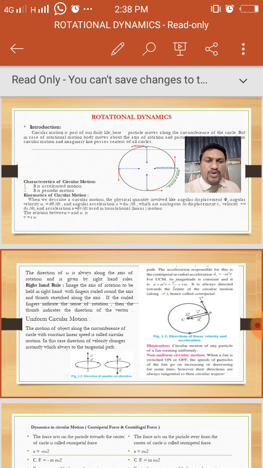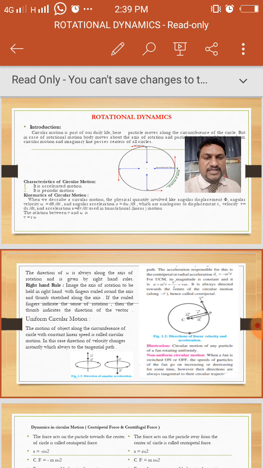When a rigid body performs rotational motion, at the same time the particles inside the rigid body perform circular motion. All the circles traced by the particles have their centers on one imaginary line.